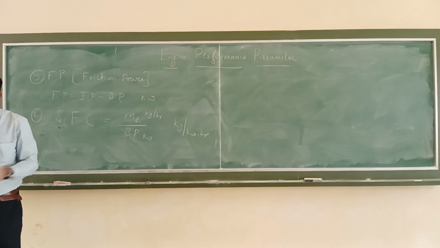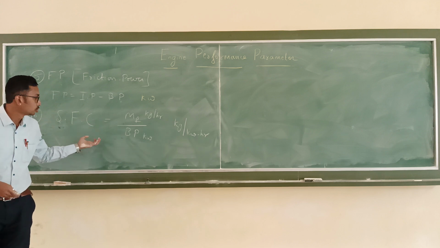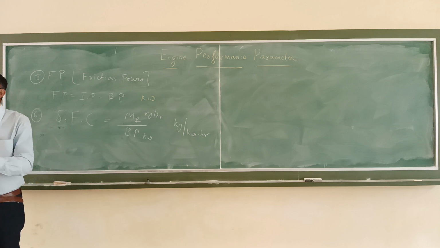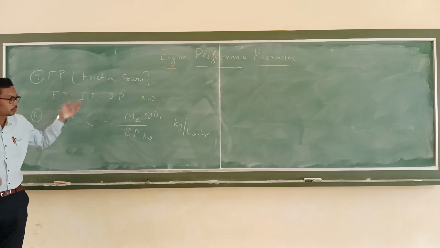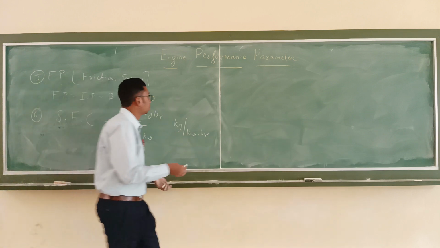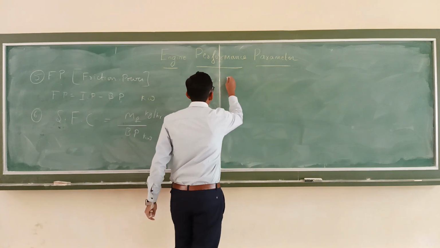So the more fuel is consumed to develop the unit power, that means it is not fuel efficient. These are some of the specifications that they look into when they select engines or vehicles. So what is this? Specific fuel consumption. Next one.